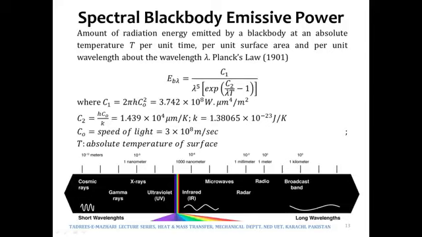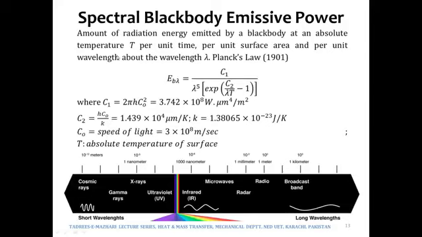Radiation intensity was the radiation moving in a particular direction, right? So that was related to direction, to angle. Spectral emissive power is related to the wavelength. Spectral emissive power is the emissive power in a particular wavelength band.